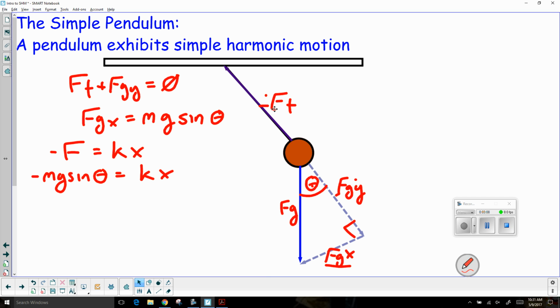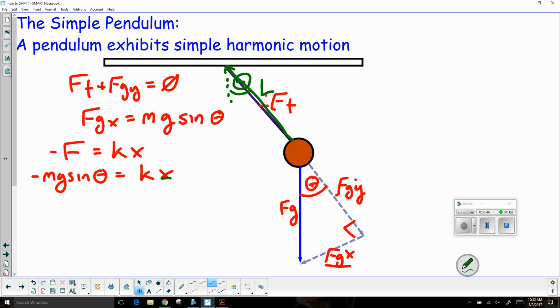Let's talk about what the x is here. The x in a mass spring system will be the amount of compression or stretch in the spring. However, in a pendulum, it's going to be the length of the string on the pendulum, which is going to be this here. But there's a little bit of a catch, because that length of the pendulum is offset by some amount of degrees.